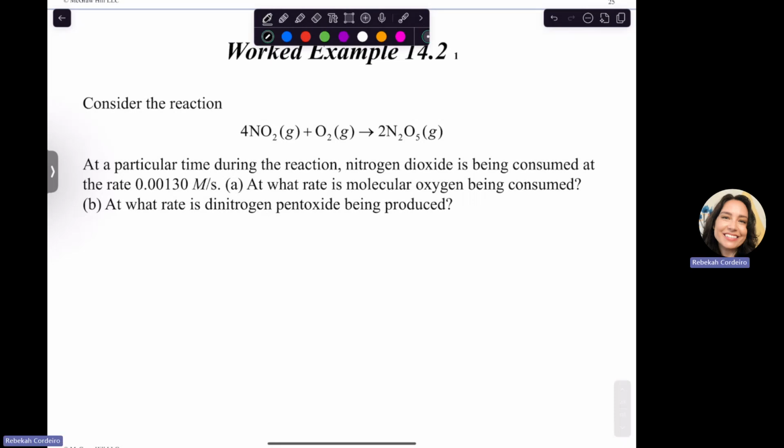So if we tried this, let's write the rate out first. The rate is equal to negative 1 over 4 change in NO2 over change in time, negative change in oxygen over change in time, positive 1 over 2 change in N2O5 over change in time. Now, if I want to know about oxygen, we can rearrange this.